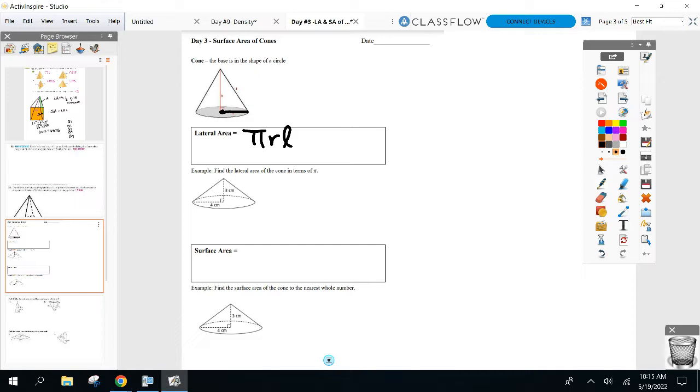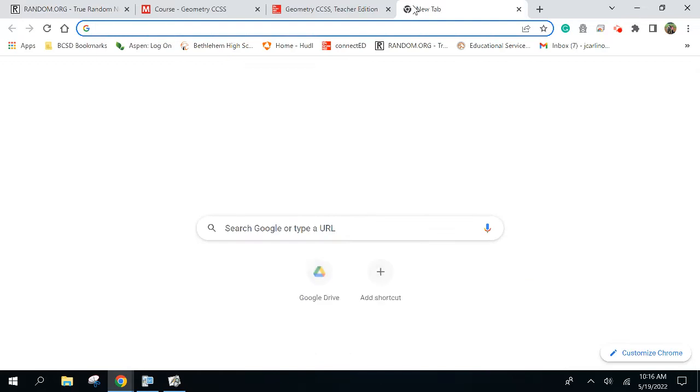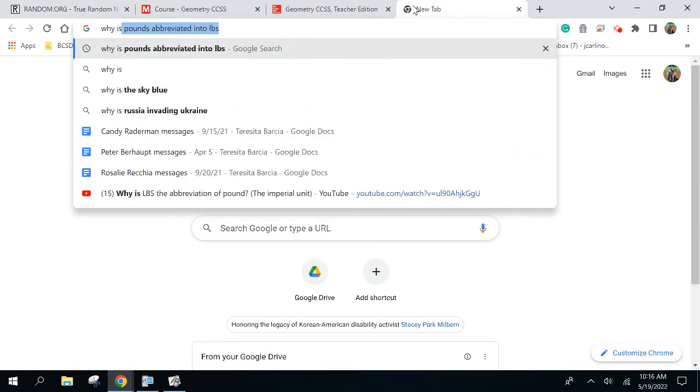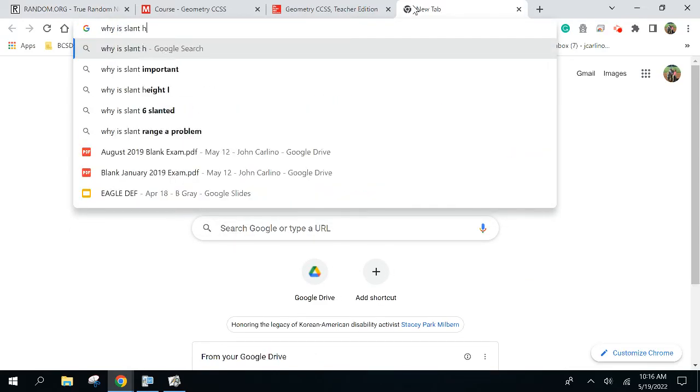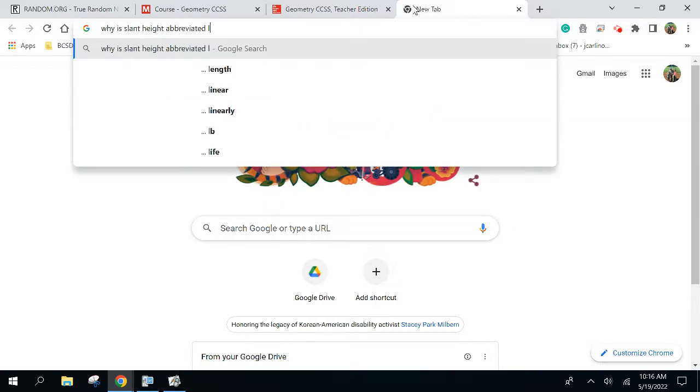And honestly, kids ask me this every year. I have absolutely no idea why the mathematicians call slant height L. The only logical guess I have is S is taken for something. I have no idea why it's L. Actually, you know what? I say that every year and I don't even bother to look it up. I know you guys really care. Why is slant height abbreviated L?